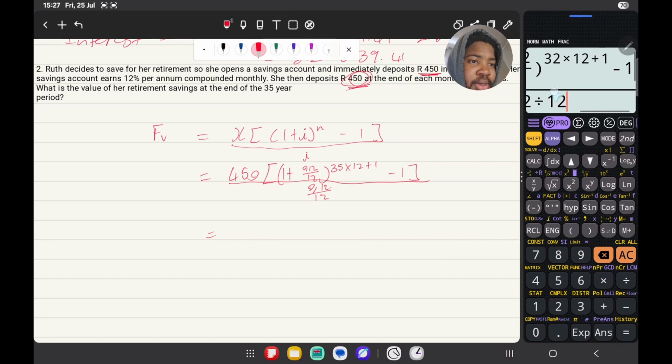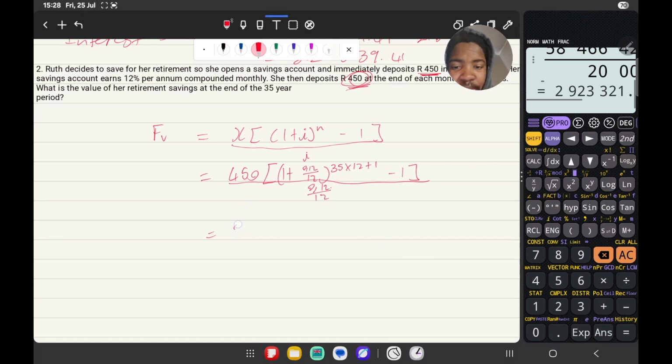Oh wait, here it should be 35, not 32. That was my mistake. So therefore the money she will be having is gonna be, yep, there we go, 450 each month for 35 years gives you 2.9 million.